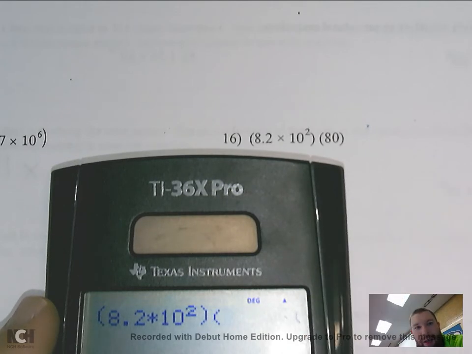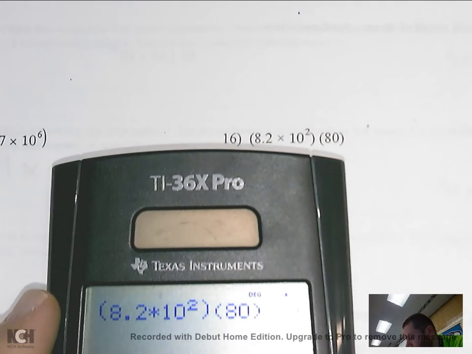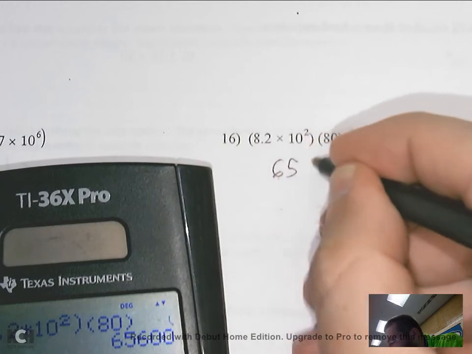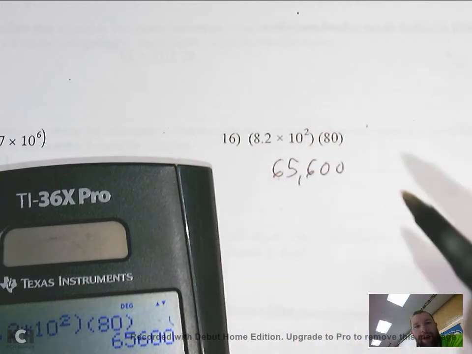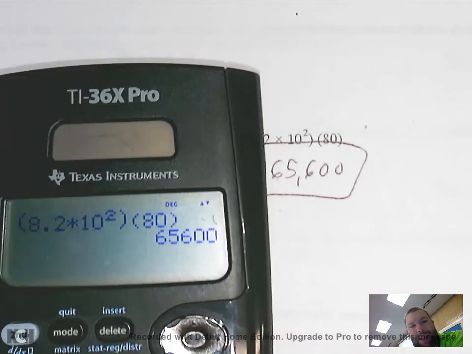Again, we're just putting it in our calculator just like we see it. And we get 65,600. And that's it. That's all we got to do. That's my answer. That is all we're doing today. It's not too tough, right? So, I think that's pretty much all I need to go over.